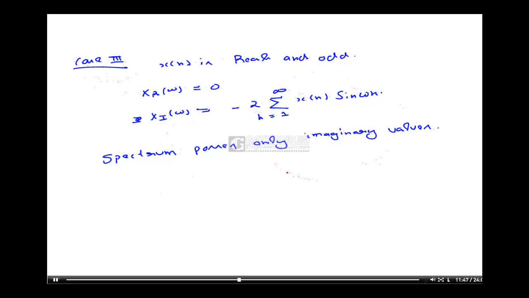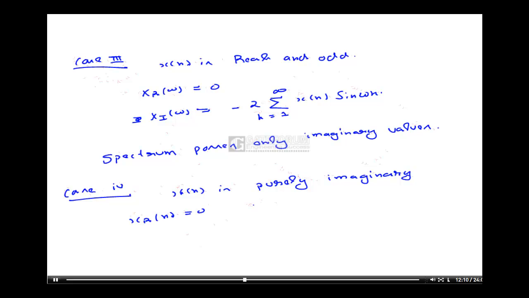We will take another case, case 4, in which x[n] is purely imaginary. Okay. Means x_r[n] equal to 0 and x[n] equal to j x_i[n].